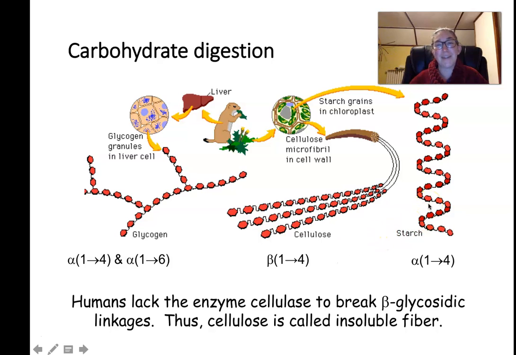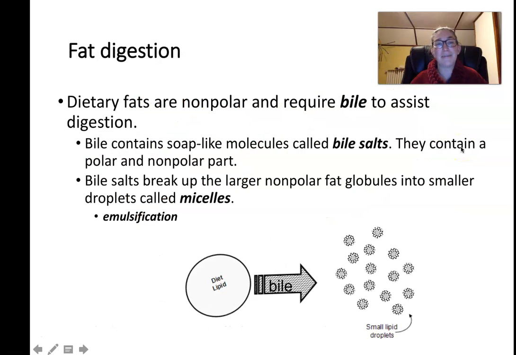It helps to stimulate the bacteria in our intestines to produce compounds that are important for our intestinal integrity. It helps provide bulk to the stool so you can push it out, but it does not get digested. In other words, those bonds between the glucose molecules do not get broken. Only the alpha linkages in starch can be broken down.